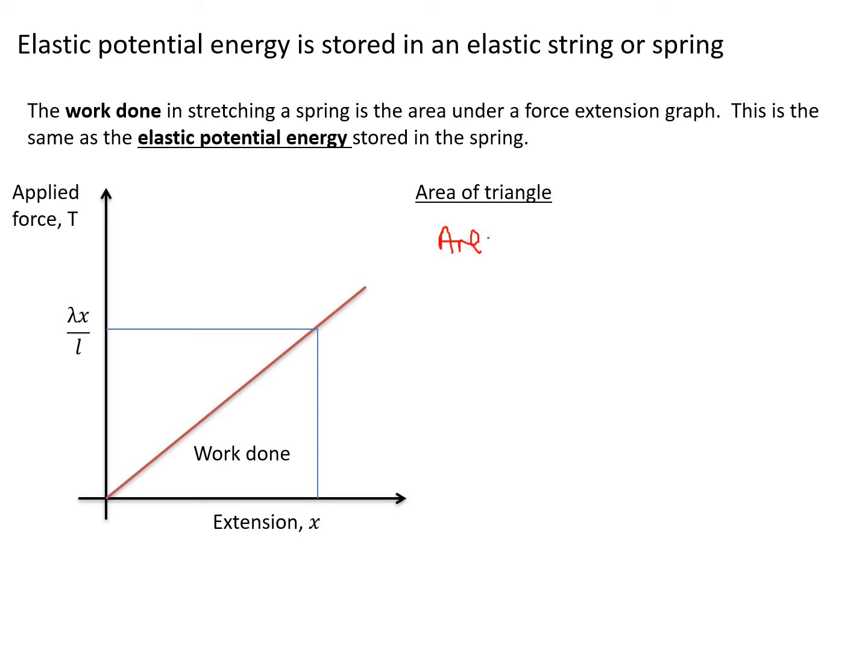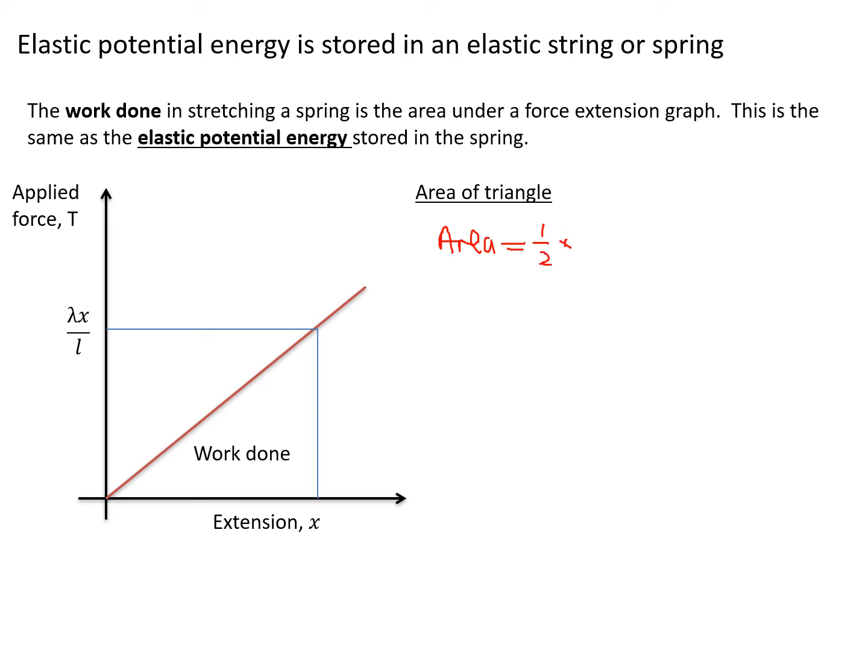So the area equals, tell you what, I'll pause the video at that point. You have a go, see if you can just work out the expression. Alright, so hopefully what you did is this. So area of a triangle is half base times height.